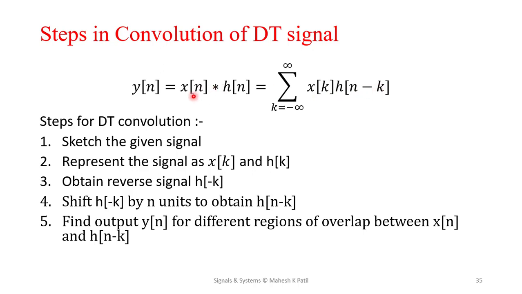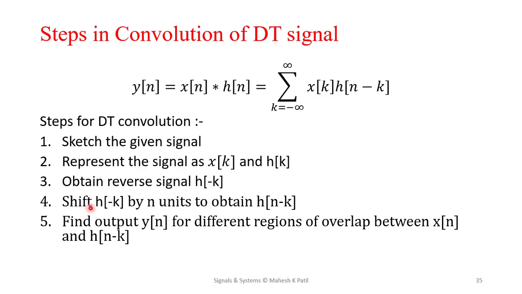So x of n convolved with h of n can be solved by following these steps. First, sketch the given signals, that is x of n and h of n. Then represent the signals as x of k and h of k, meaning you change the variable, instead of n you write k. Then obtain the reversed signal, that is h of minus k.